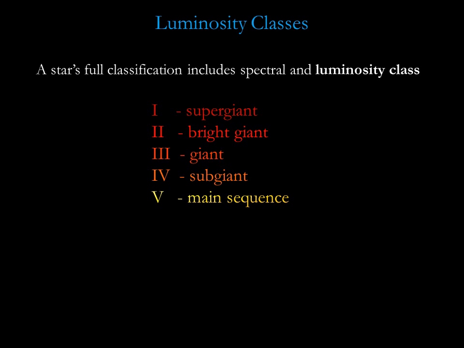We've already learned about the spectral classification scheme for temperature. Astronomers also assign each star a luminosity class, which describes what region of the HR diagram the star is in. The classes are designated with Roman numerals 1 to 5. Luminosity classes 1 to 4 are giant stars, and luminosity class 5 are main sequence stars.